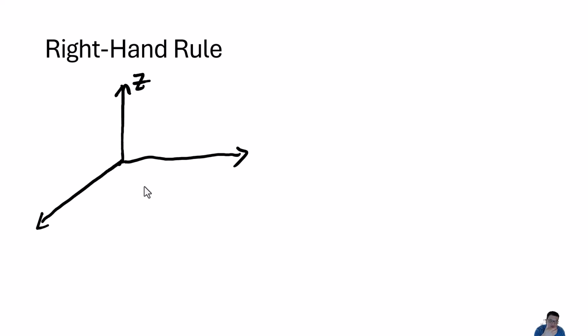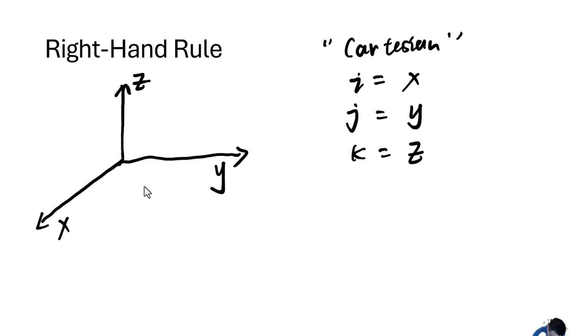The first axis your fingers touch is x, and the second is y. So this is x, this is y, and we use a Cartesian system, meaning i is the x direction, j represents the y direction, and k is the z direction. Let's draw: this is i, this is j, and this is k.